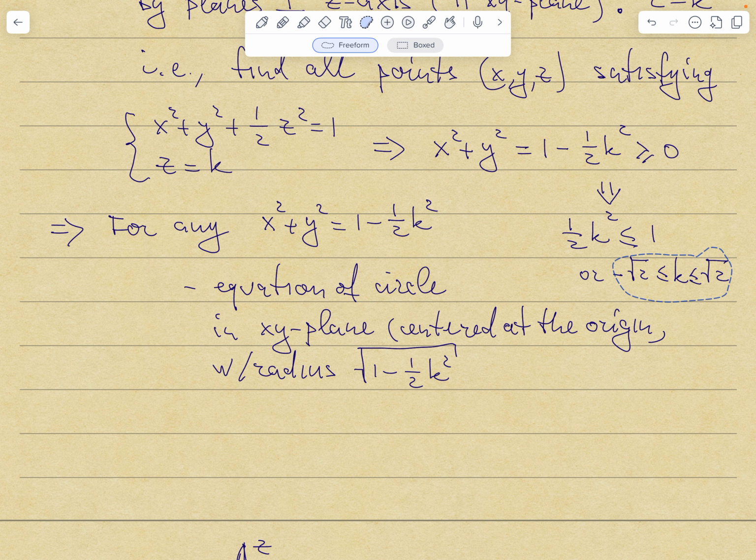So that means that any plane with z less than minus square root of 2 or bigger than square root of 2 is not going to intersect my surface.